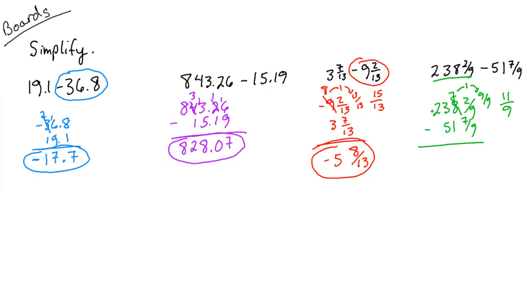We just changed the number to 237 and 11/9. Now we can subtract easily. 11/9 minus 7/9 is 4/9. And then 7 minus 1 is 6. 3 minus 5. Ooh, can't do that one. So I got to borrow from there. That's 1. And 13 minus 5 is 8 and 1. Strongest one is positive, 186 and 4/9. Excellent.